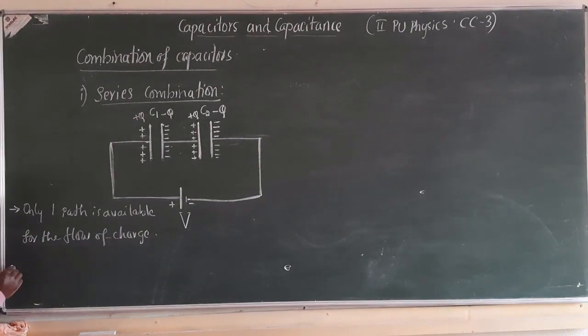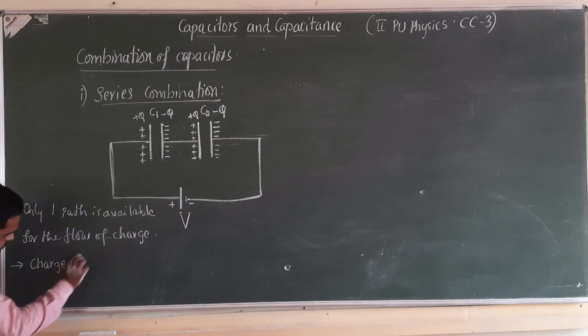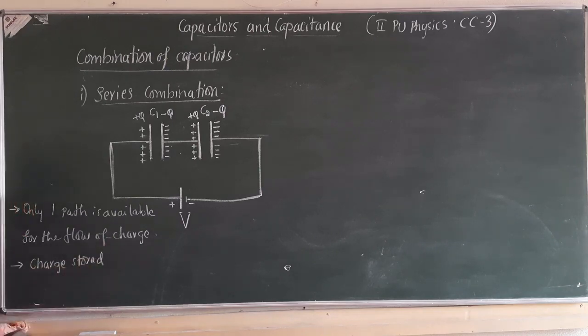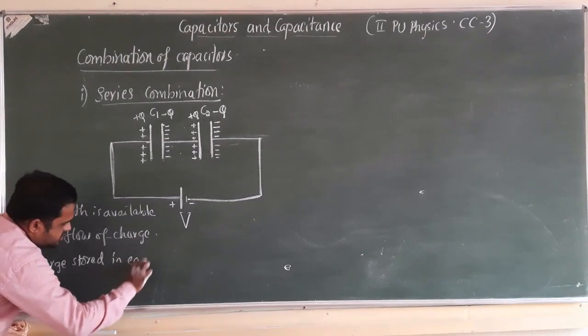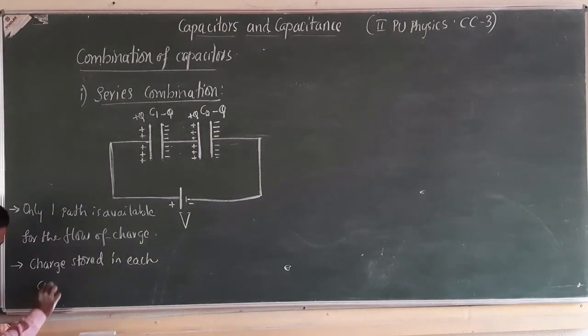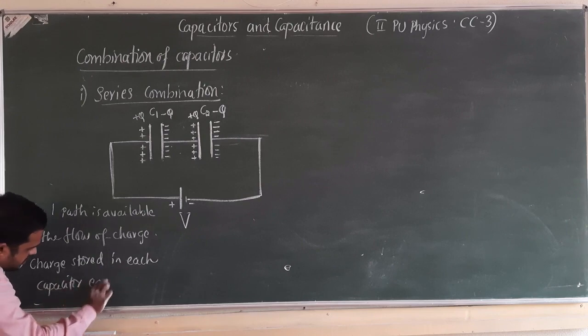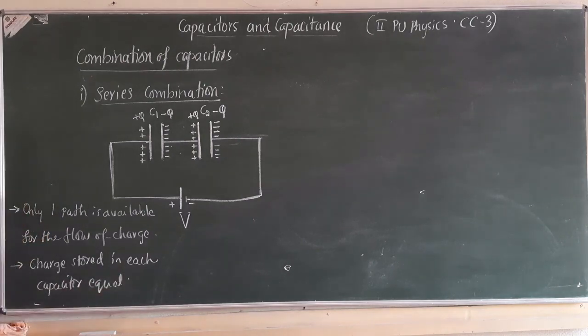That is one condition. And another condition is, if you consider the amount of charge stored in each capacitor, charge stored in each capacitor will be equal. Amount of charge stored in each capacitor will be equal.